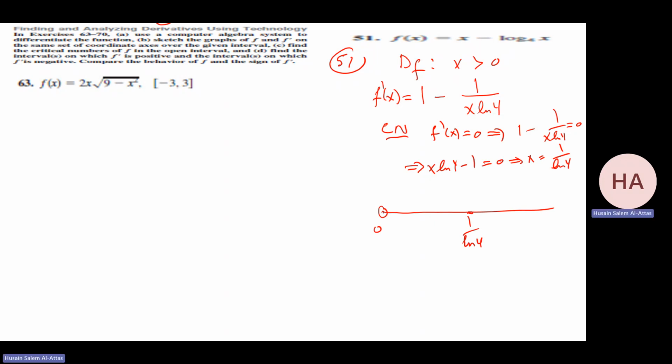Okay, now check the signs. I need to take values. If you notice, 1 over ln 4 will be greater than 1 over ln e. Is it?